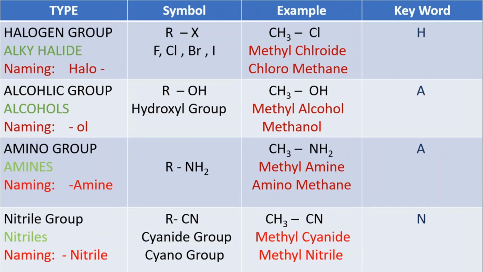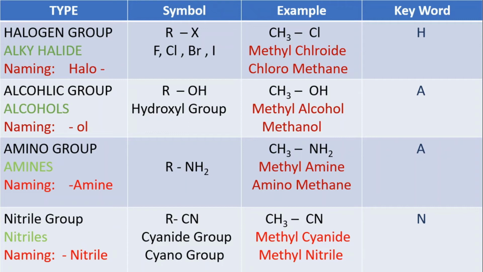As far as naming is concerned, the naming of these organic compounds contains halo at the start to indicate the presence of a halogen atom rather than a halogen as a functional group. The word halo is followed by the name of alkane which carries the halogen atom, like methyl chloride, CH3Cl.